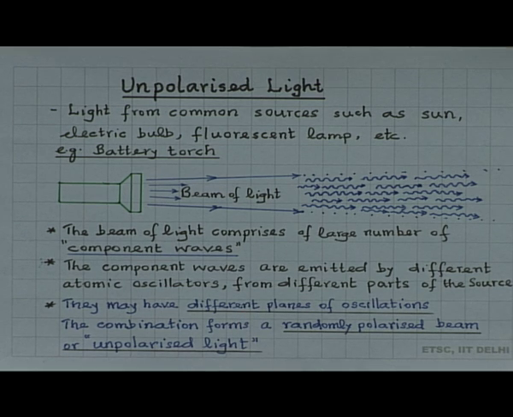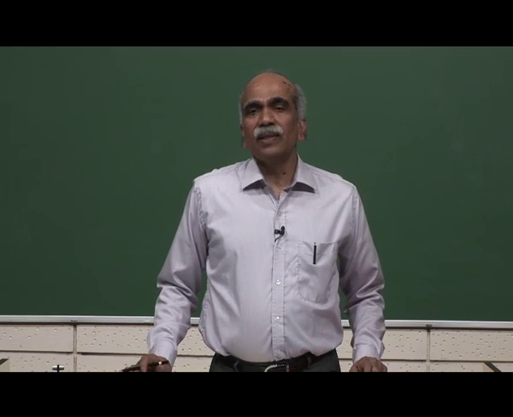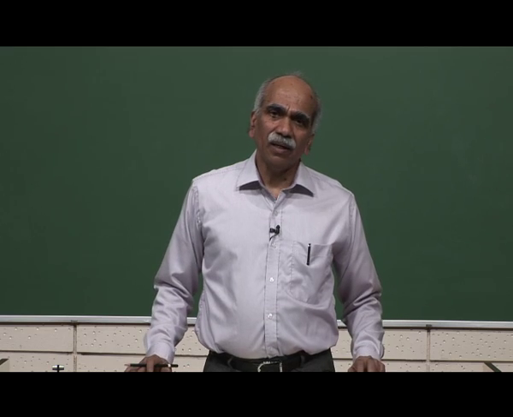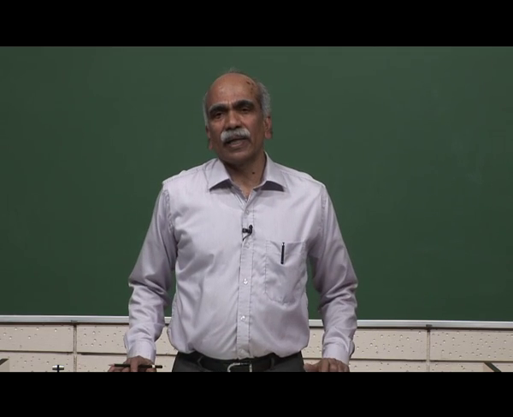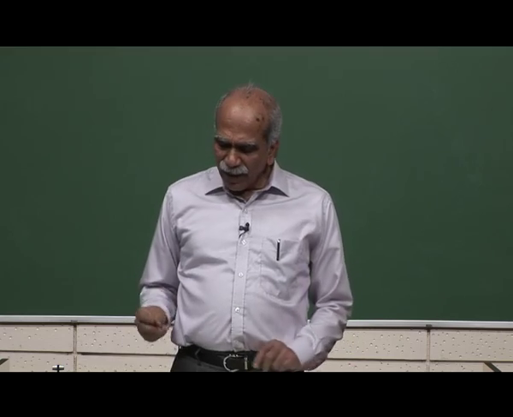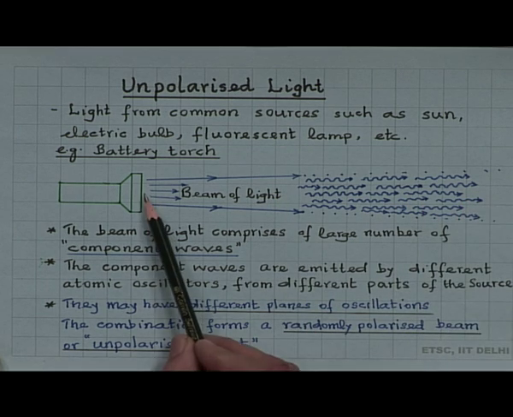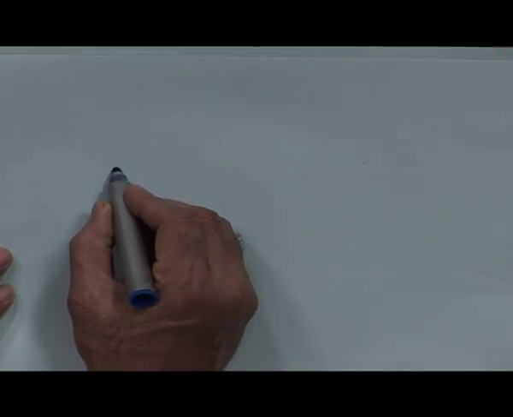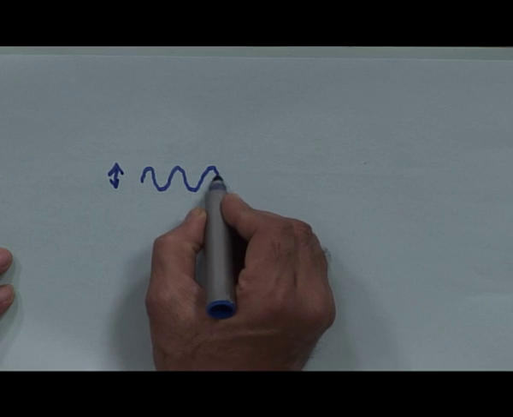Electromagnetic radiation is emitted by atomic oscillators or dipoles, oscillating dipoles. This concept is probably a little advanced to our level here, but they are small tiny oscillators which emit the electromagnetic radiation. And different parts, so the component waves are emitted by different atomic oscillators, and therefore, what would happen is that, let me show it here, that a particular oscillator which is emitting would have probably the plane of polarization like this.